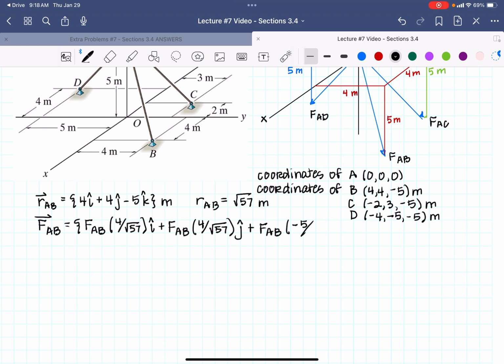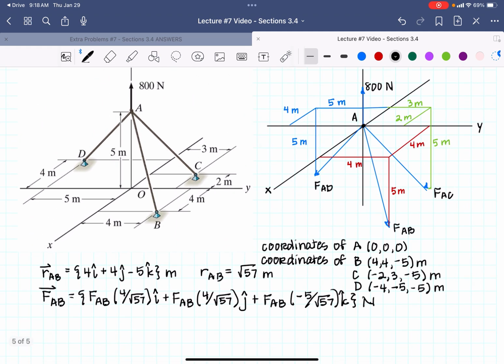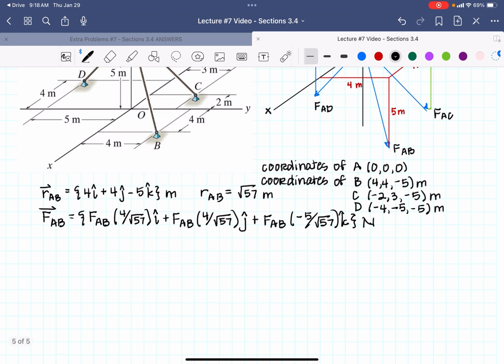Oops, that was a negative. I should have put that in the front, but it's okay. In the k hat direction, and that's in newtons. So I do have a positive force going in the z direction. So don't forget that when we do our moment, or our, when we do our equilibrium equations.